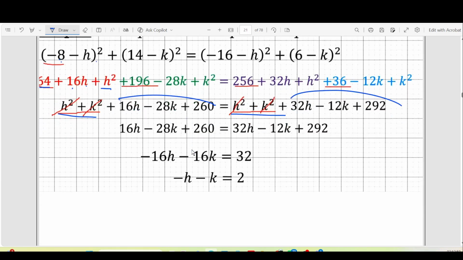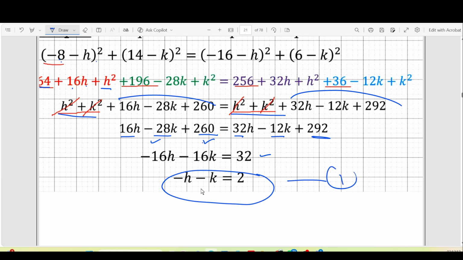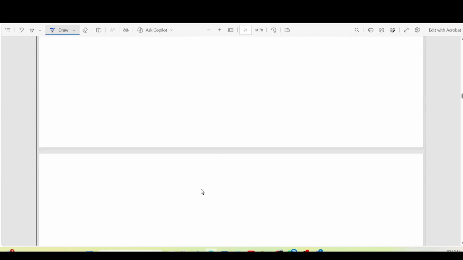Now if we just subtract these numbers, we will get 32 here, and 28 minus 12, here we get 16, and 32 minus 16 is again 16. So if we divide the whole equation by 16, this is what we have. We cannot simplify it further. We can number it as 1.